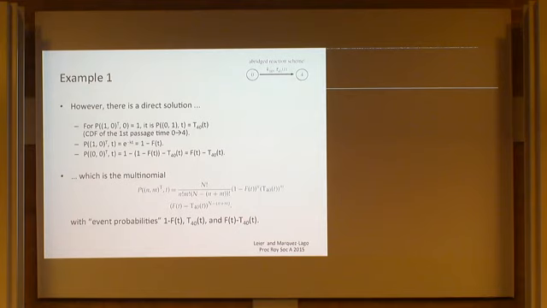However, for that particular system, we could find a solution just by looking at probabilities. So here are the arguments. What we know is that if we have, let's say again, our walker in state 0, then we can write down the time it takes to reach state 4.